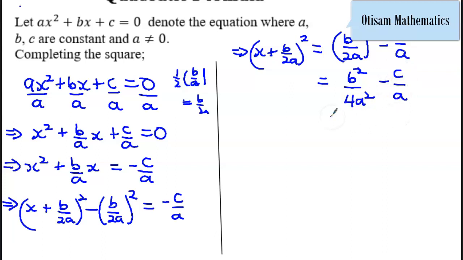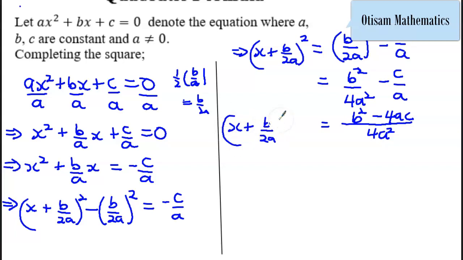The LCM becomes 4a squared. This is b squared minus a into 4a. We're going to get 4ac. So that is x plus b on 2a all squared. And to get x plus b on 2a, take the square root. Now we have learned that for a quadratic equation we always get two solutions.